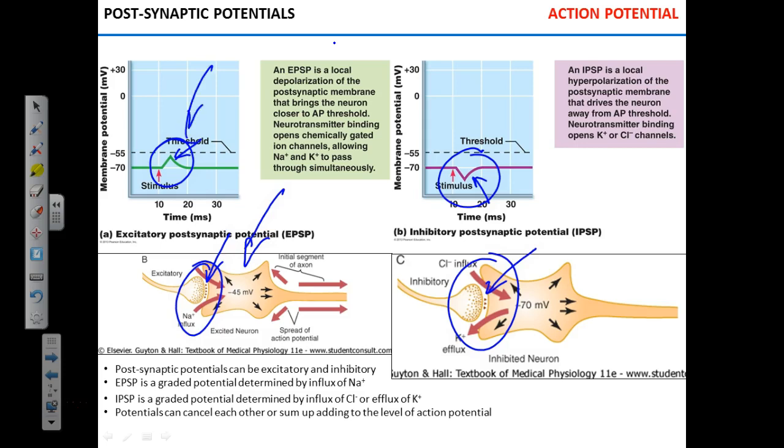It's going to be only sodium. Based on the number of channels, it's the sodium influx. That's it. Does that make sense? So excitatory neurotransmitters like glutamate or dopamine or ACH in some cases, okay, acetylcholine, they will open the ligand-gated sodium channels. Does that make sense?